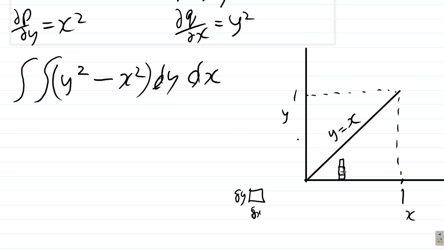As we go up, you're changing y, so it's dy first. It goes from 0 to where it stops, and it always stops on the line. So it goes from y equals 0 to y equals x.